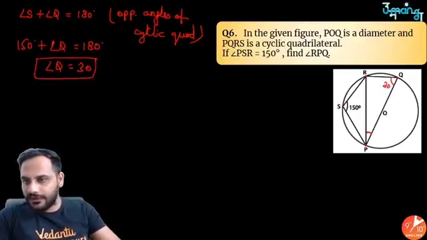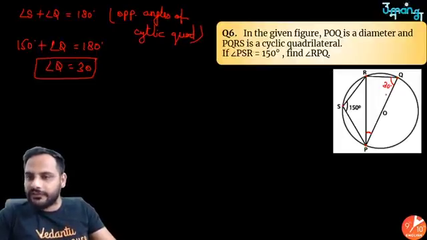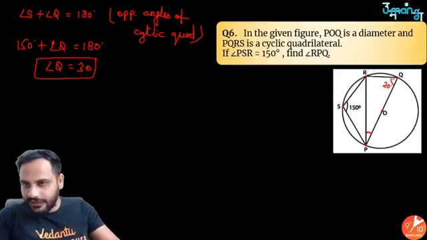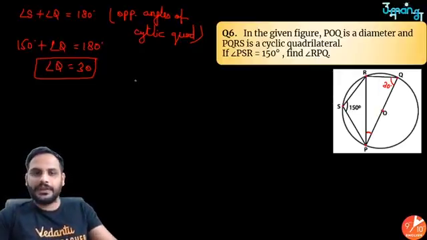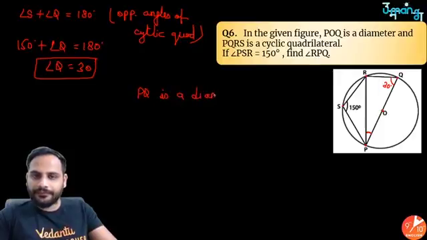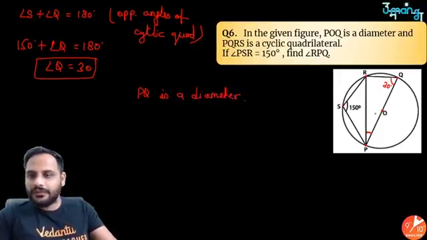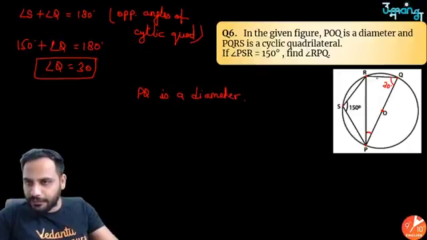So it is equal to 30 degrees. Now this angle we need to find out. One more thing: O is lying on PQ, and we know PQ is a diameter. So angle PRQ must be 90 degrees, angle at the semicircle.